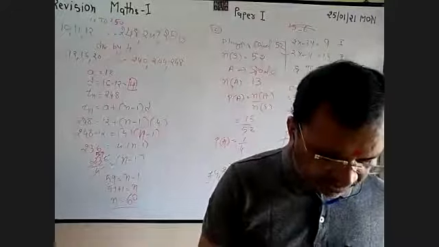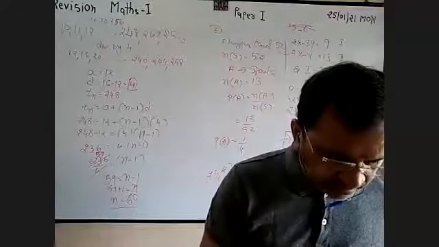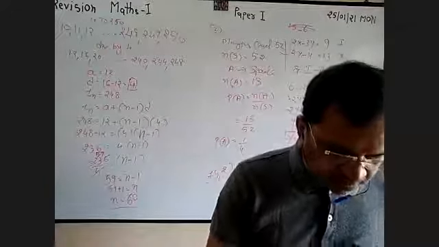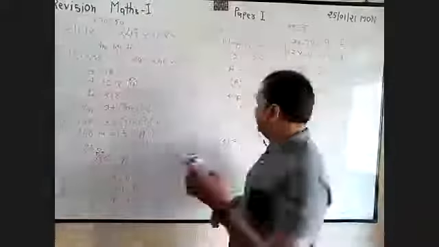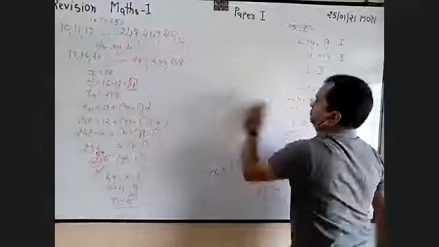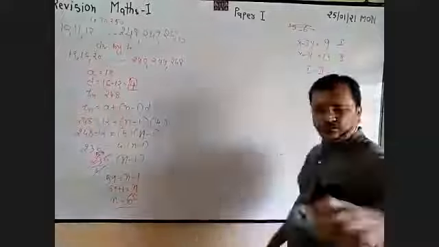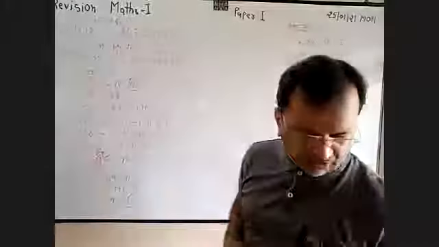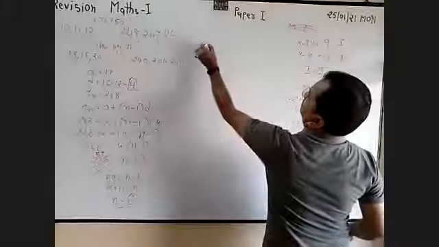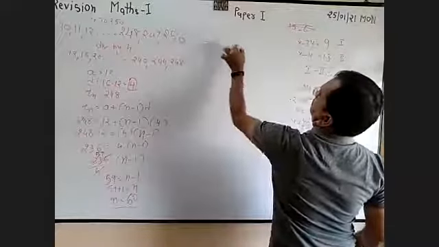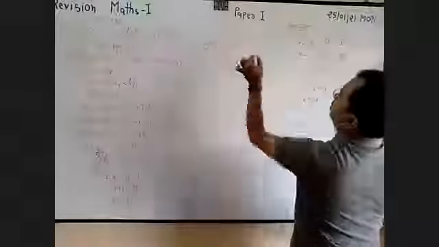Find the value of k. This is a very important question for marks. 3x square minus kx plus 48.